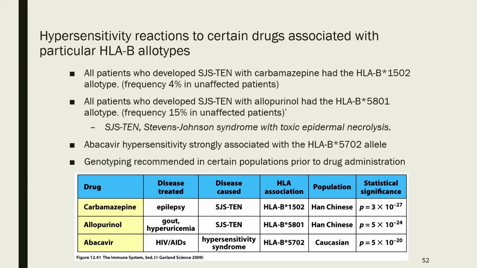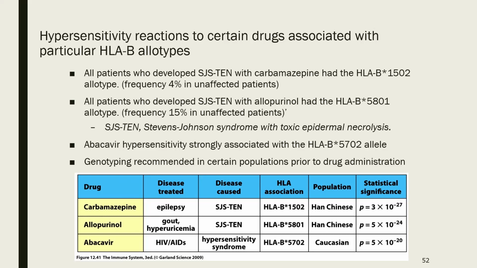So here is a breakdown in terms of what types of genetic predispositions people could have that lead to easier development of SJS and TEN. Now here are just some examples.